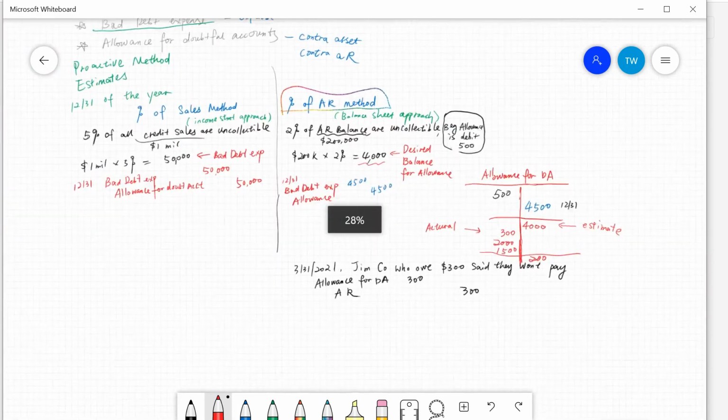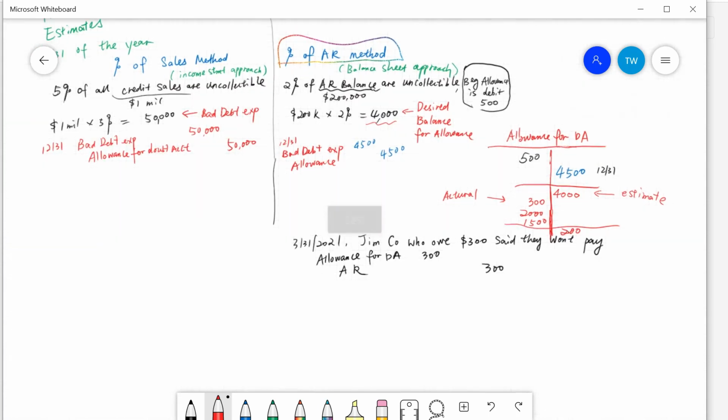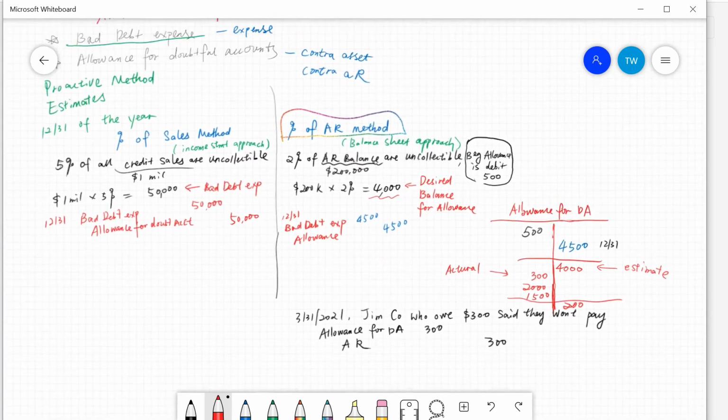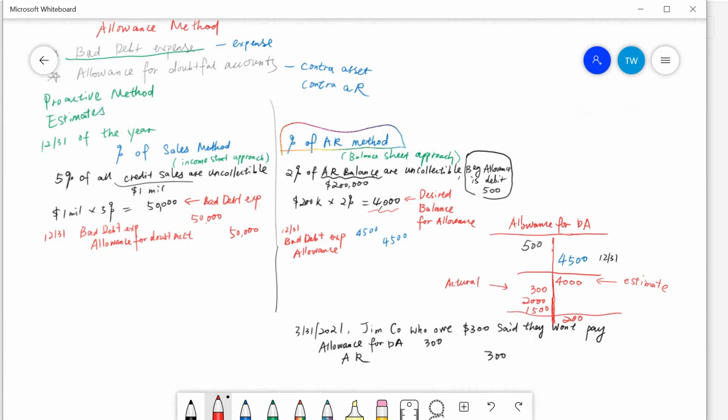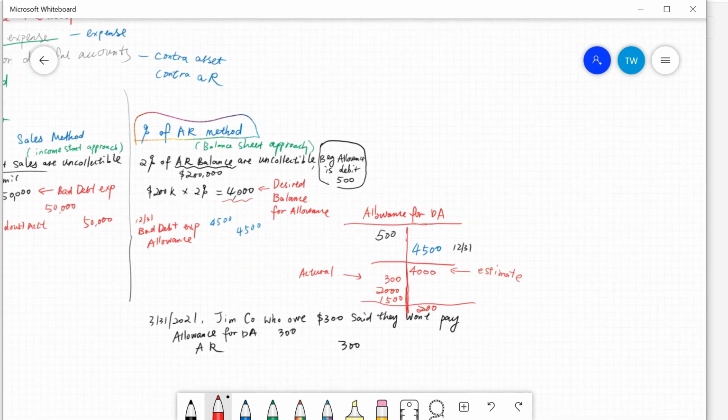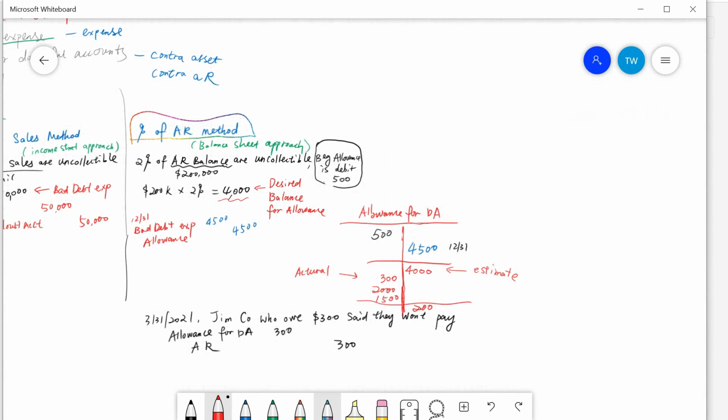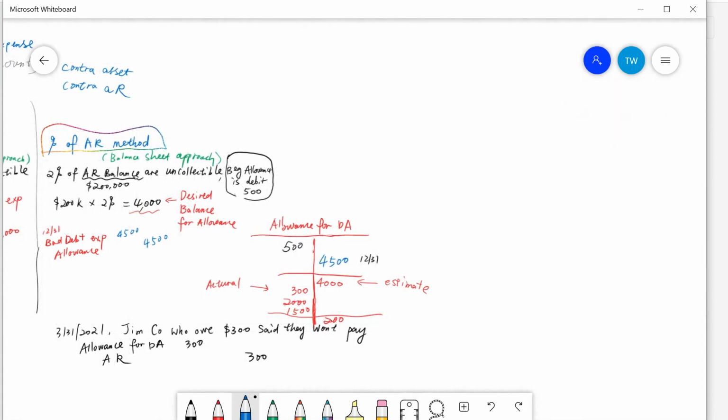All right, there you go. That's the two methods, percent of sales method and percent of accounts receivable method. And from percent of accounts receivable method, there is a more complex version called AR aging method. AR aging.